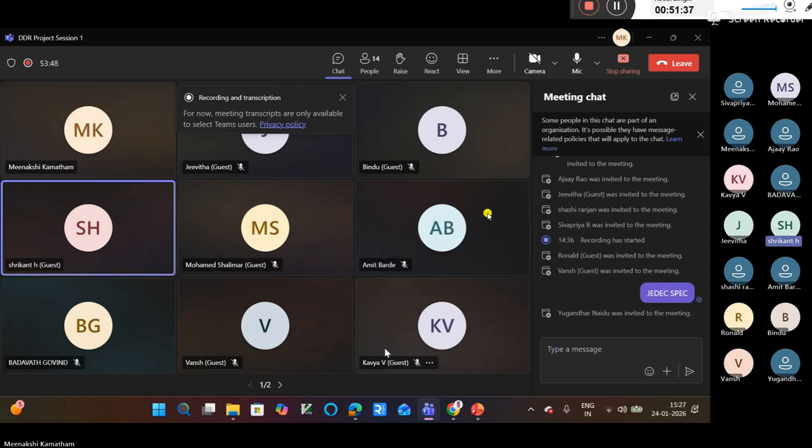My MTech thesis was on in-memory computing, so I know, but I'm not sure about the others. Okay, from your side you have an idea, you have all these memory concepts.